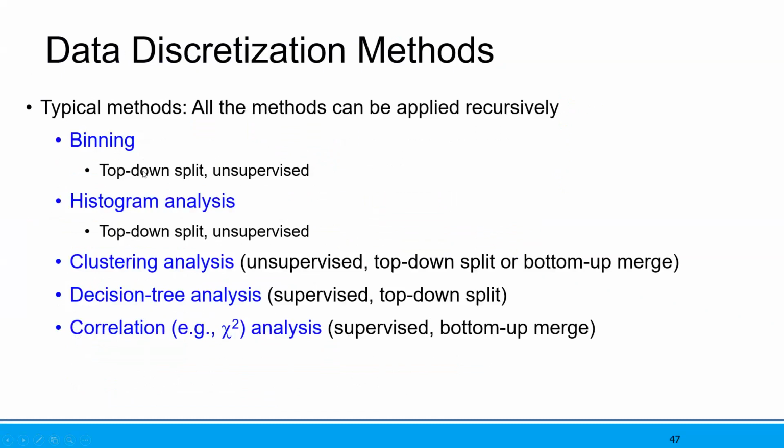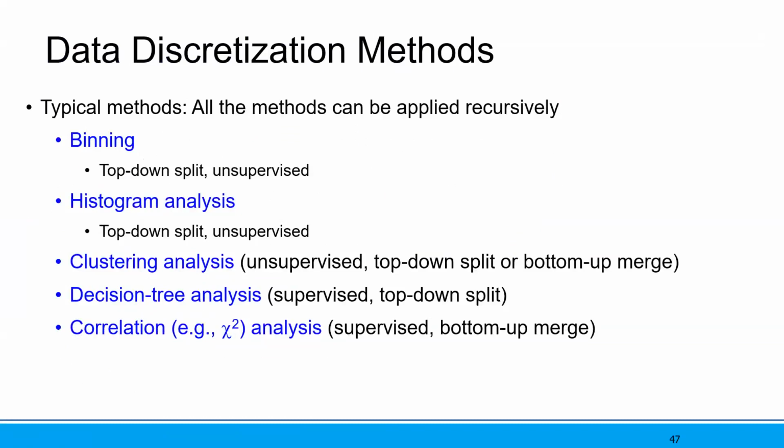So the typical methods for data discretization is you can use binning. Binning, we can have the equal width, equal frequency. Histogram analysis. If we use the binning, it is the top-down split.